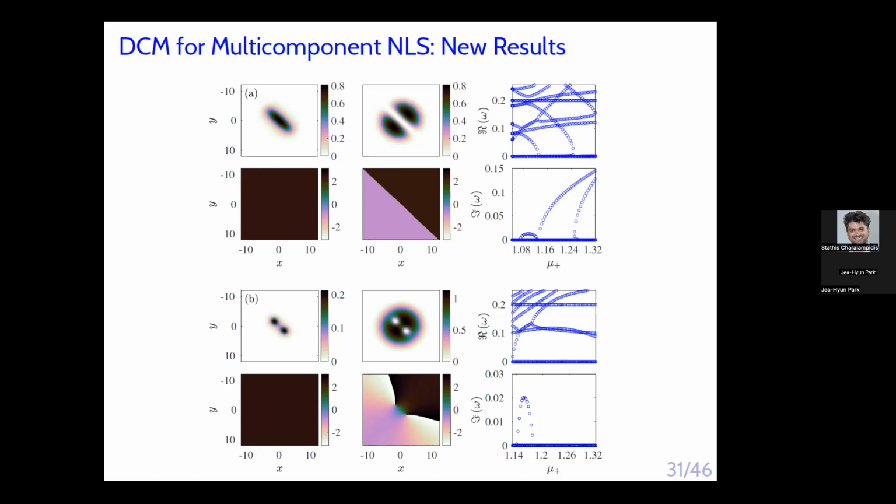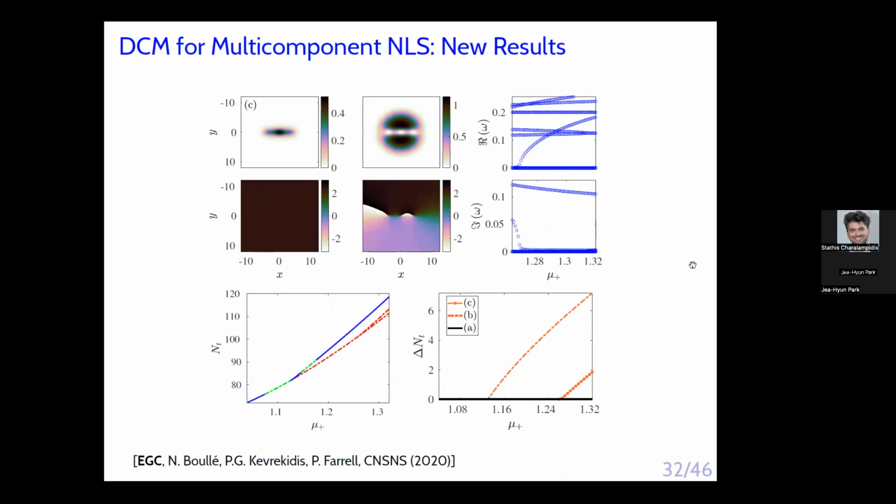So this state from its inception, although it's not so clear in this panel, it is stable, but then it becomes unstable, and then it destabilizes itself. There is one such bifurcation later on that gives birth now to the vortex dipole. That's something that we have seen for the one-component case.